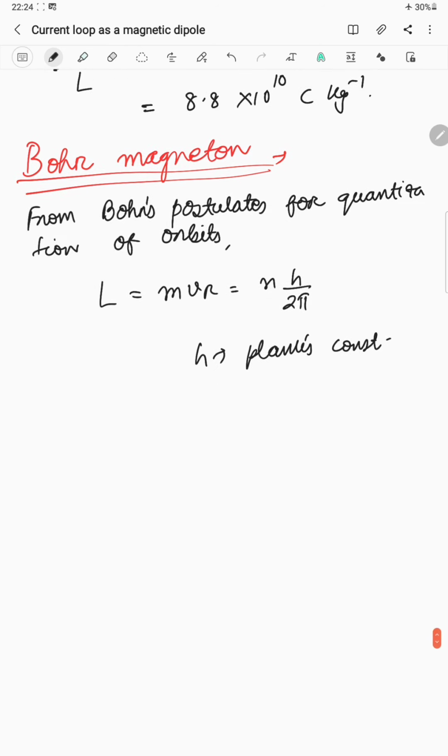Okay, so what we have is mu L is equal to e by 2me into L. Now instead of this L, you can write nh by 2 pi.